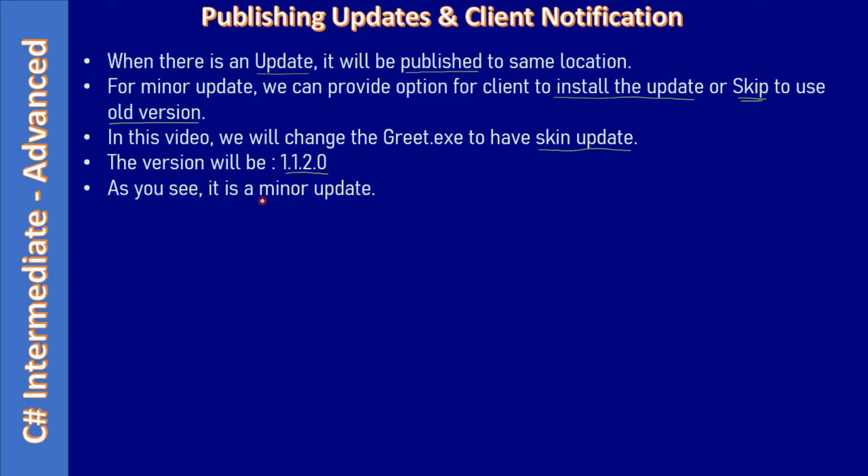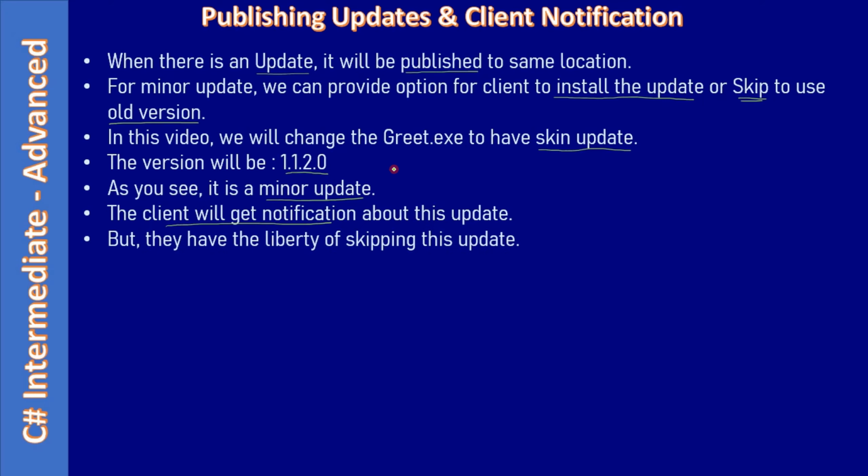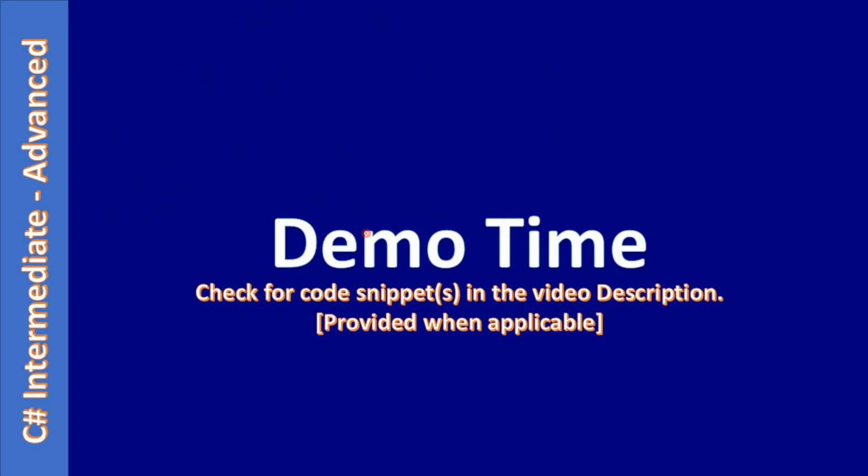As you see, it's a minor update, and through the publishing wizard we will choose the option so that clients will get notification about this update. About this skin update, they can either pick it or skip it. They have the liberty of skipping this update. Now we will go to the demo.